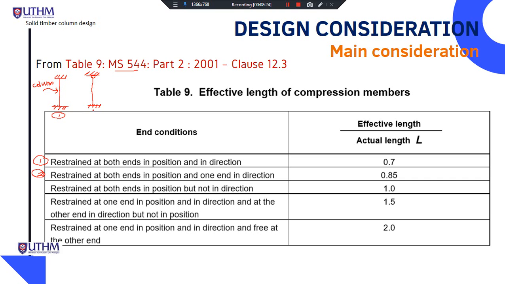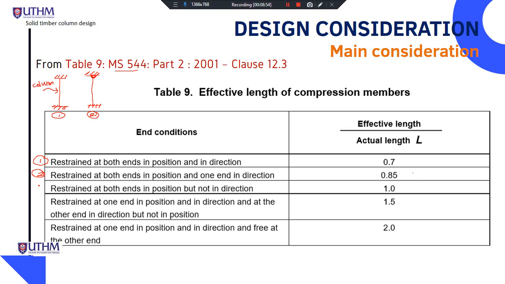Fixed means it cannot move in any direction, meanwhile for the pin support, it can move in one direction. So this is end condition number 2, where you need to multiply the L with 0.85 to get the L effective.